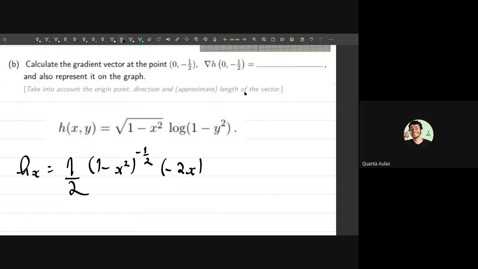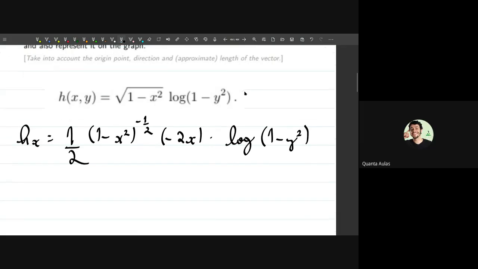But now you need to multiply by the constant term, because this is like a number, like the number 2, for example, when we are doing the derivative in x. So it's just like that. You can simplify a little bit.